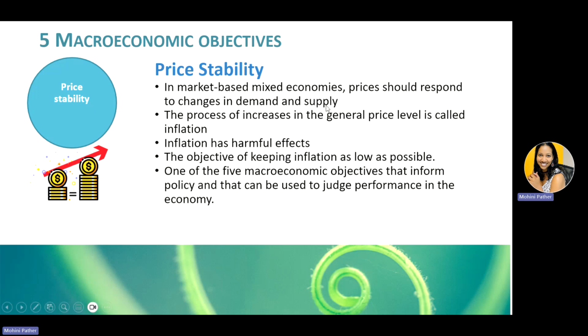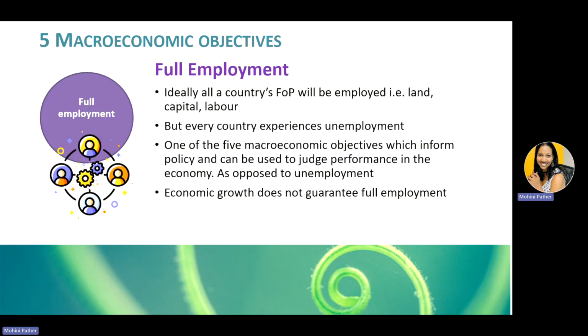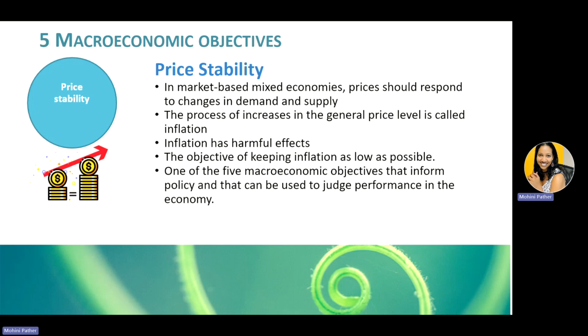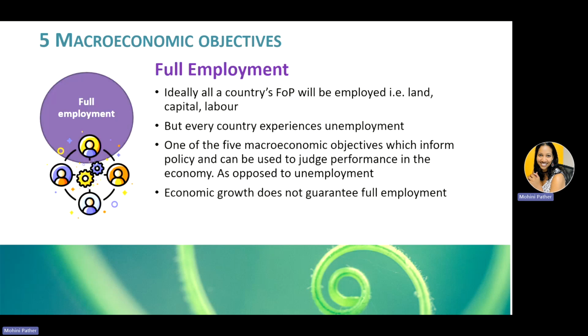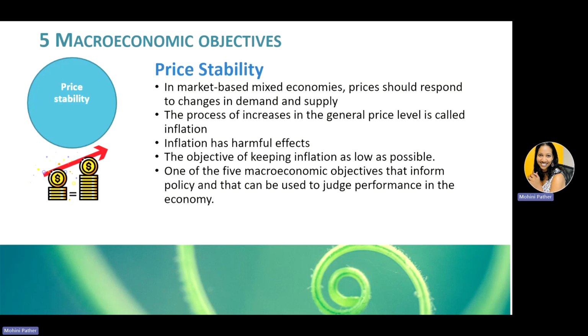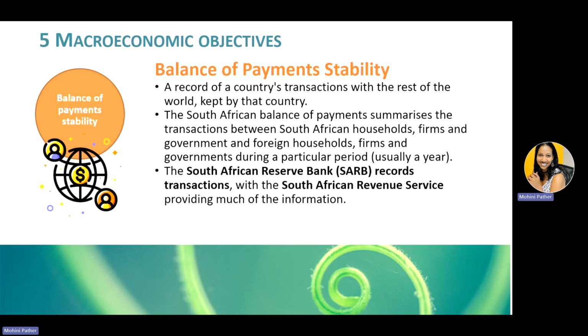Price stability is something that we do have. And you will later learn about something called the Phillips curve, which shows you how these macroeconomic objectives can sometimes conflict with one another. For example, if you have full employment, according to the Phillips curve, that means you will have very high inflation. Why? Because everyone who's earning an income is now competing for the same goods and services. So you have to have a reasonable amount of unemployment in order to not have terrible inflation.